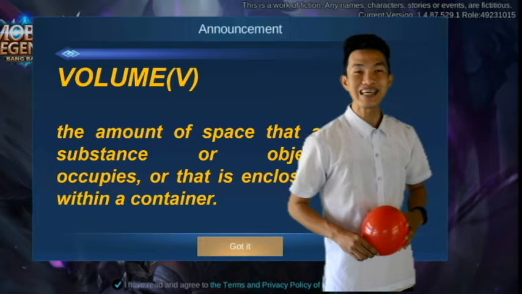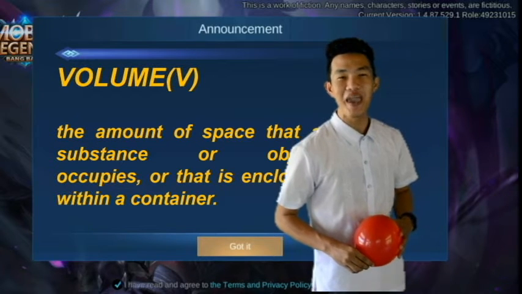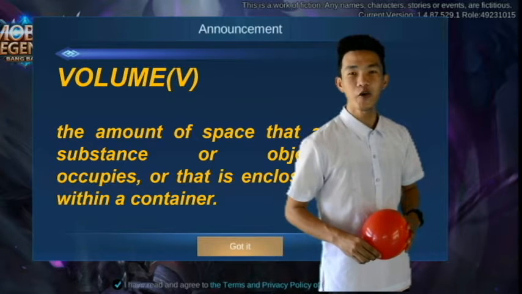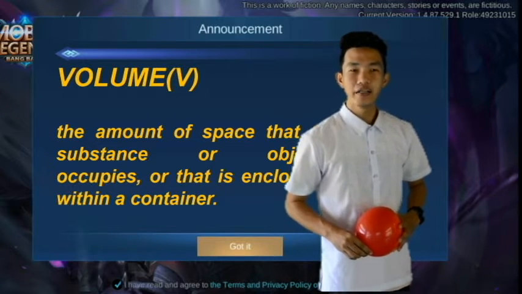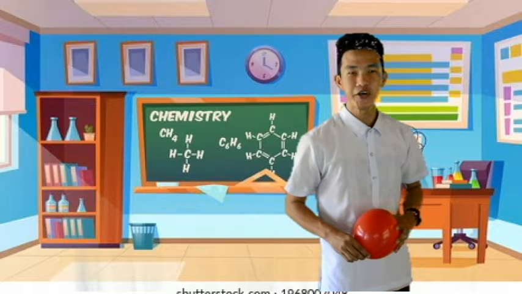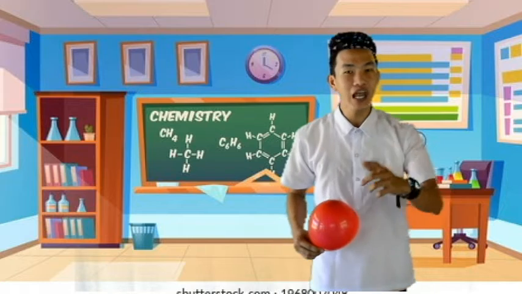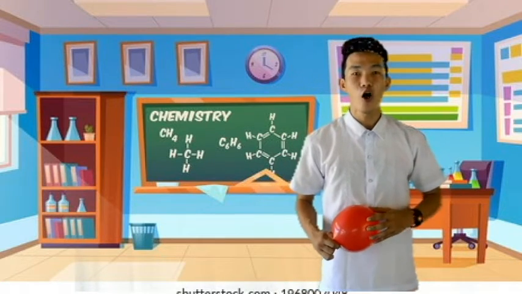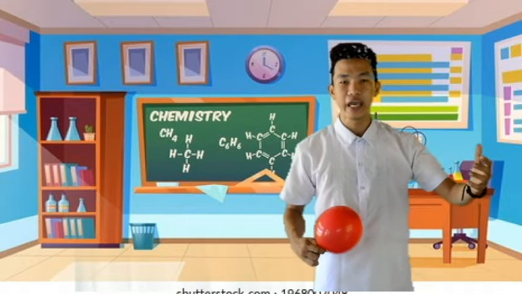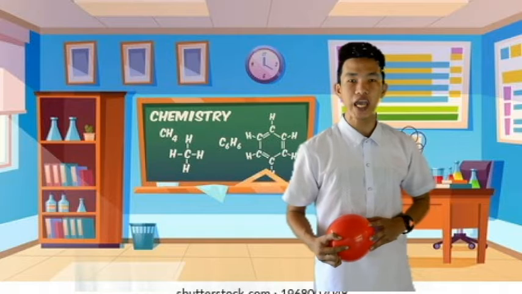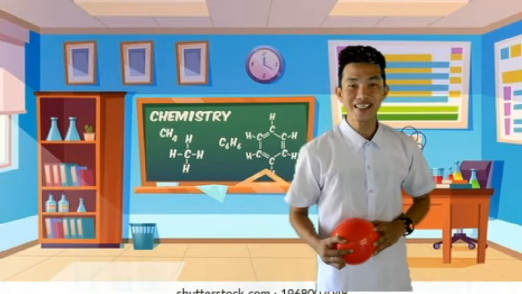Volume is the amount of space that a substance or object occupies, or that is enclosed within a container. Take note, class, the word space. Molecules of gas occupy space. It was proven when a gas fills up its container. Did you understand?